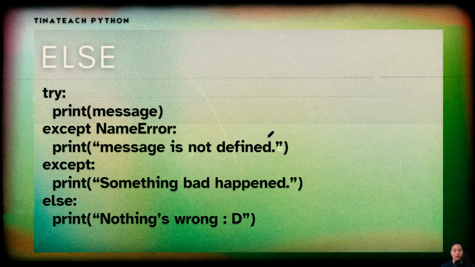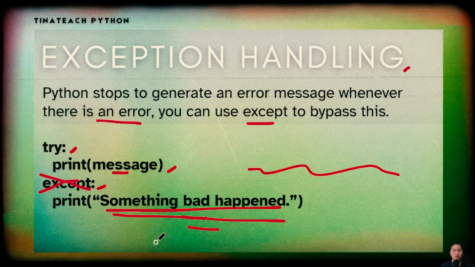Okay, next up, else. If you remember, else displays something when there's no error. So once again, we have the print message, NameError message is not defined, except something bad happened, and then else when nothing is wrong. Before here, let me go back to this. Since message is not defined, something bad happened. However, if message is defined, it's just going to print message, right?